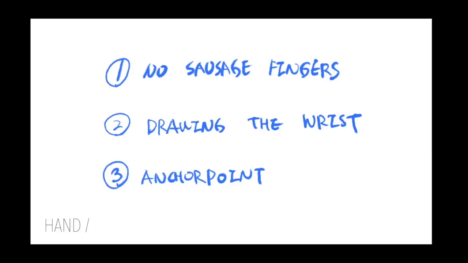For example, when they draw fingers, they make them very even sausages, or they always draw them very round.